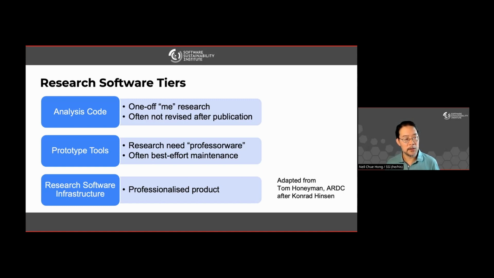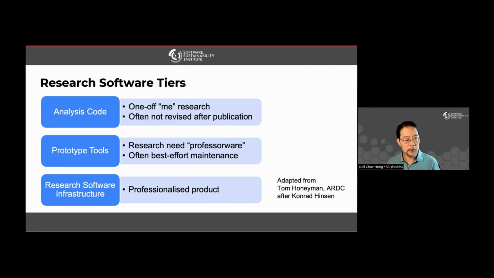They are tools that are typically shared amongst collaborators more than being used by a wide community. It's often called professorware here. It's the sorts of things that come out of research groups that are more stable, have more users, and are better maintained than analysis code, but they're still some way off from being something that you would expect anyone from the discipline to be able to come and pick up.